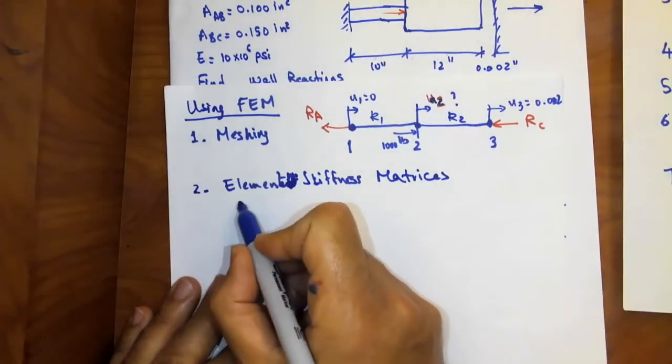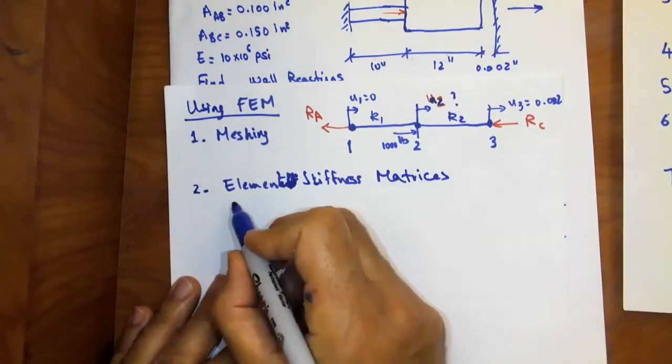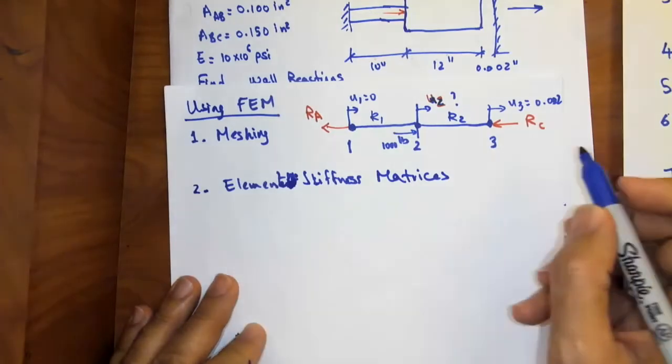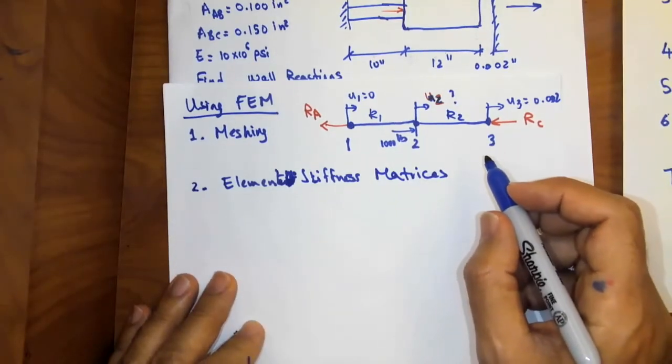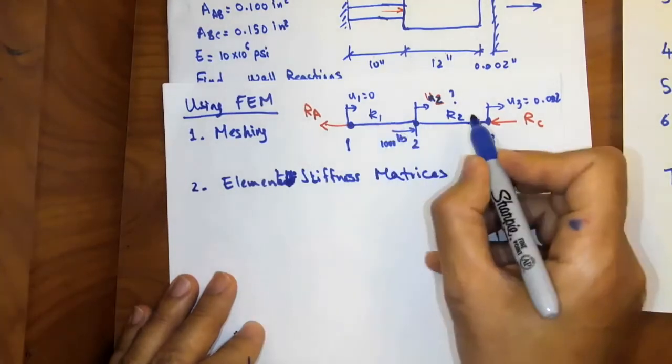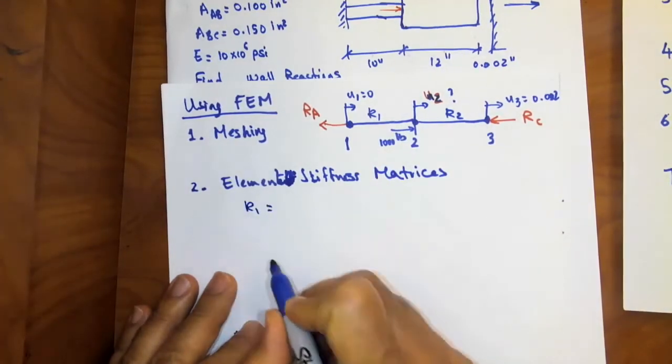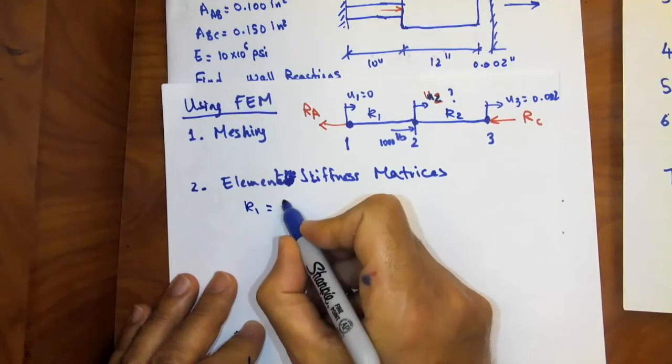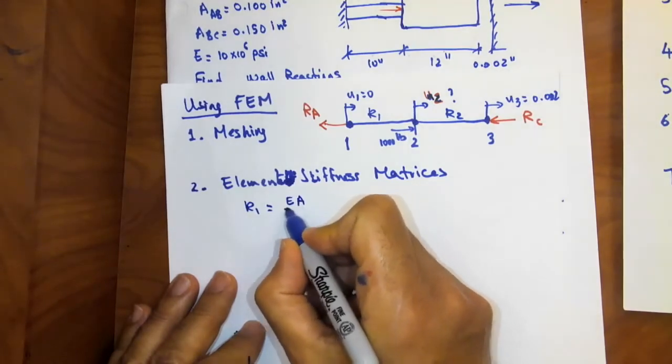Now I'm using a bar element. I know that this K is the same as that of a spring, but I want to find what is K1 and what is K2. So K1 is equal to EA over L, right?